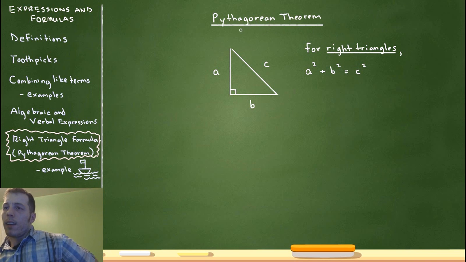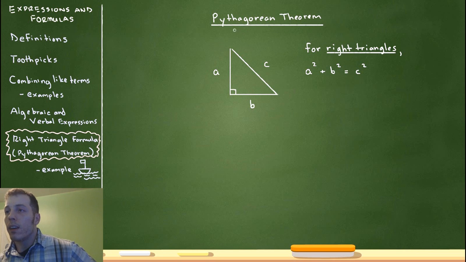Now, it's named after the Greek philosopher and mathematician Pythagoras, and he lived around 500 BC or so. But it's well known that the Babylonians and the Egyptians and the Chinese all knew the Pythagorean theorem approximately 1500 years before Pythagoras did.